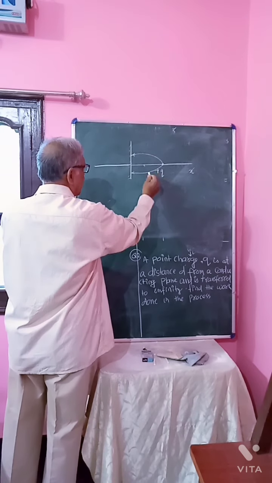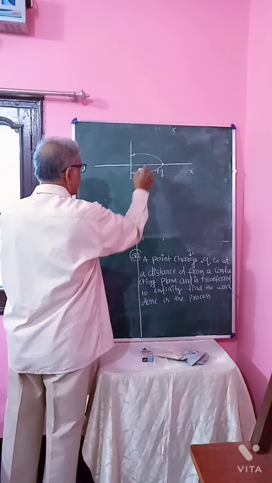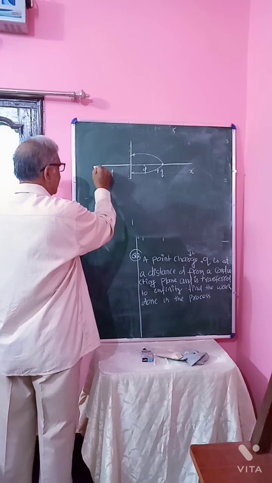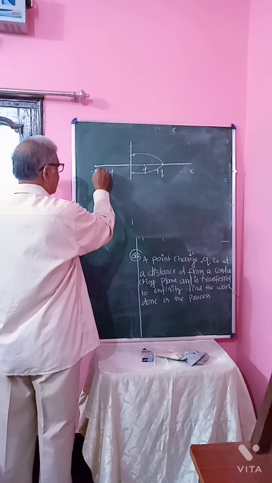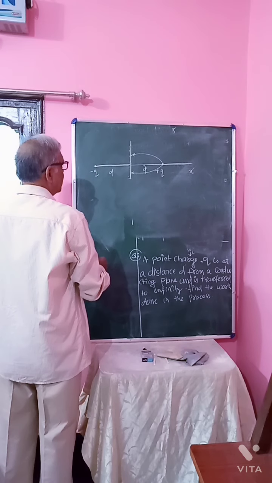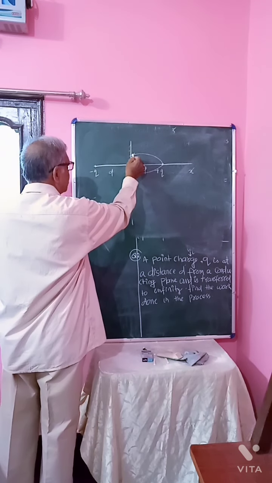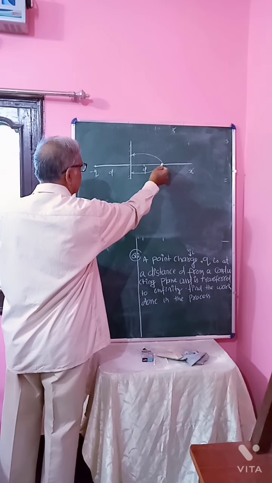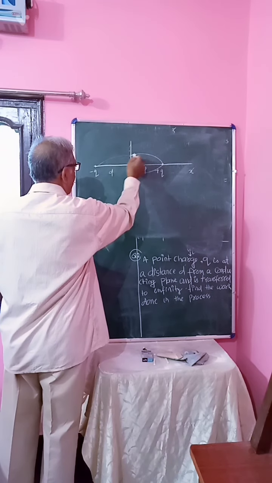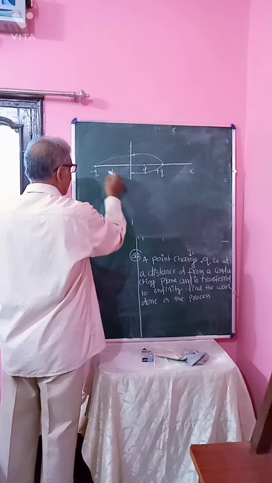That is, if this distance is d, then this distance is d, and this is a minus charge, minus q. So that the lines of force emanating from positive charge will converge to negative charge.